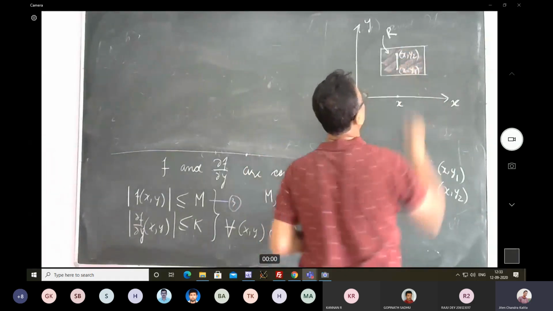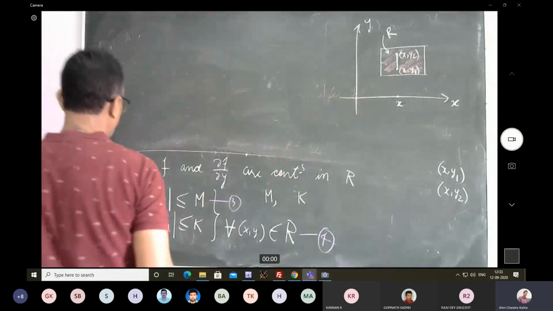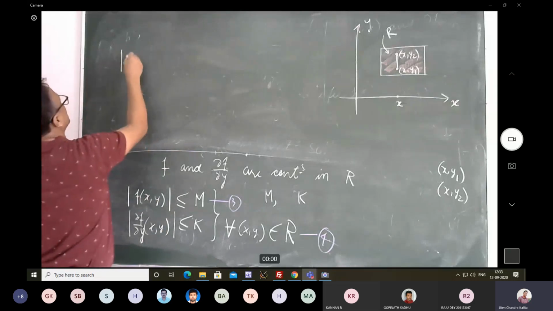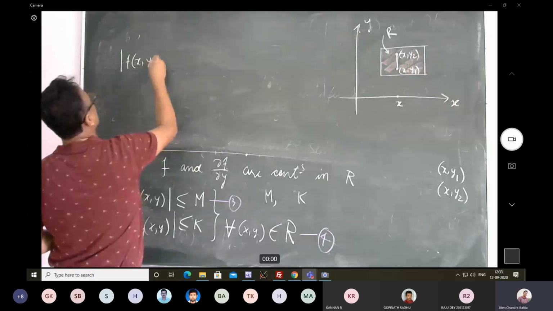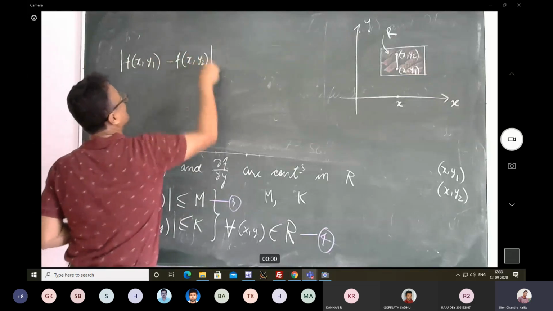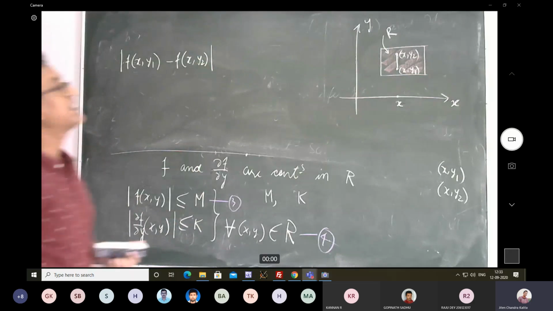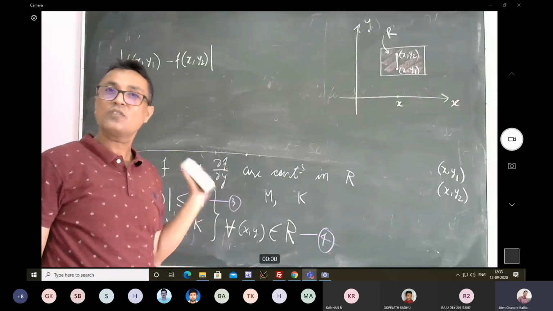Just something like this. This situation is something like this. So then what we can do, if I try to find f(x, y1) and f(x, y2), because I have a fixed x here, x is not varying.